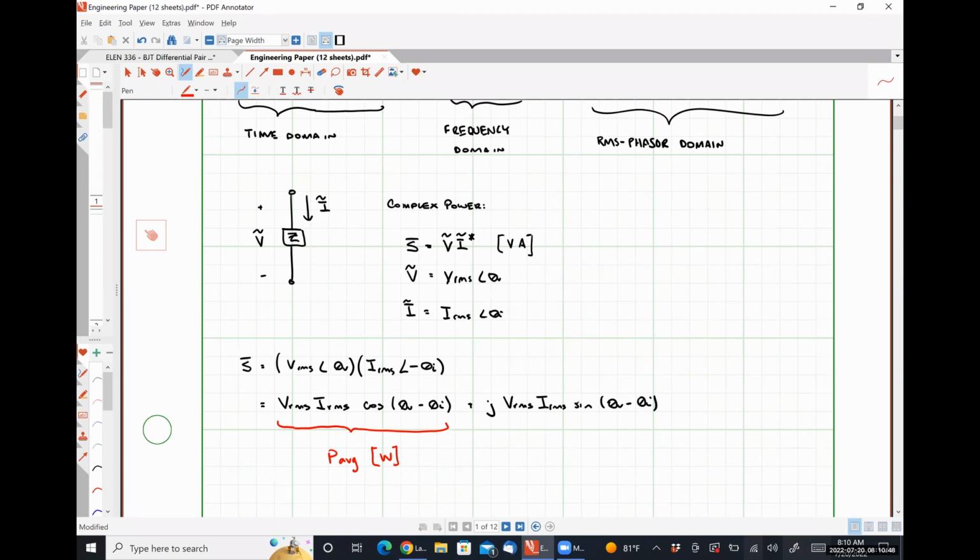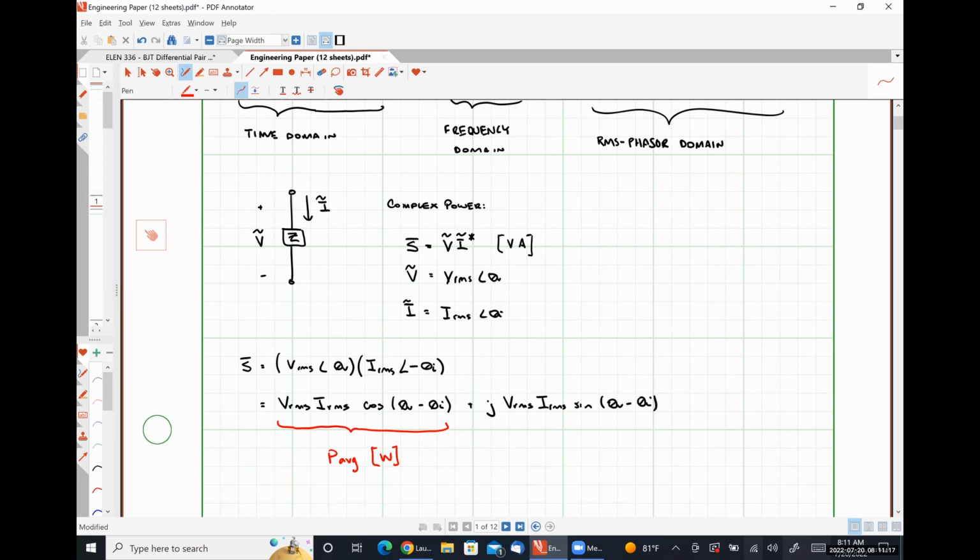As I showed you at the end of our last lecture, this representation is the exact same average power that we were dealing with using just our instantaneous power and average power relationships that we developed when we began our discussion. This RMS phasor domain representation is absolutely equivalent to what we dealt with earlier.